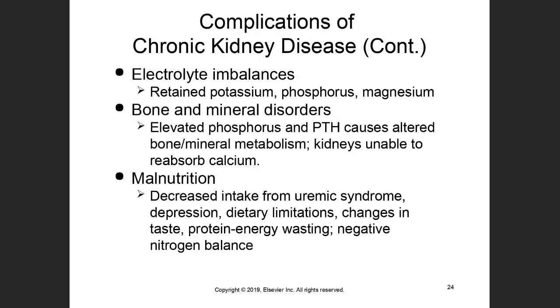Electrolyte imbalance: retain potassium, phosphorus, and magnesium. Bone and mineral disorder: elevated phosphorus and PTH. Malnutrition: decreased intake from uremic syndrome, depression, dietary limitations, and so on.